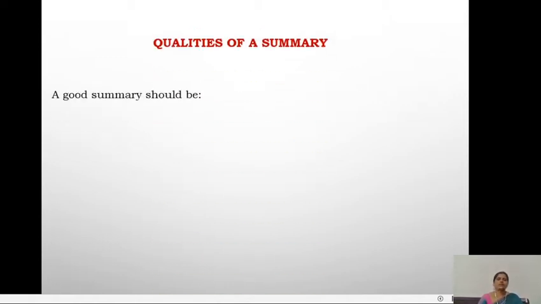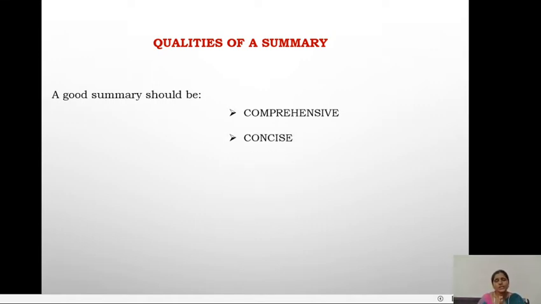Let us see step by step what the qualities of a summary are. A good summary should be comprehensive. When you make a summary, it should be easy to understand. When the readers read that summary, they should easily understand what you are trying to say, or what the main idea of your summary is.